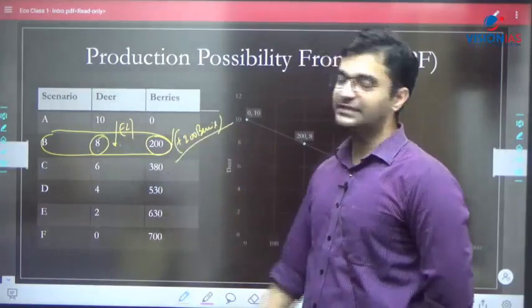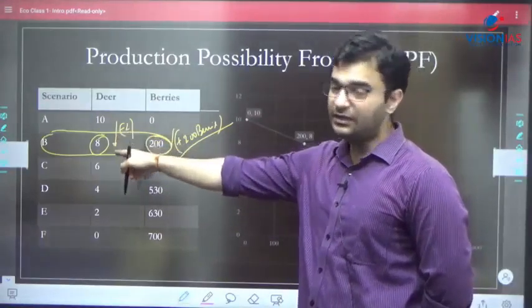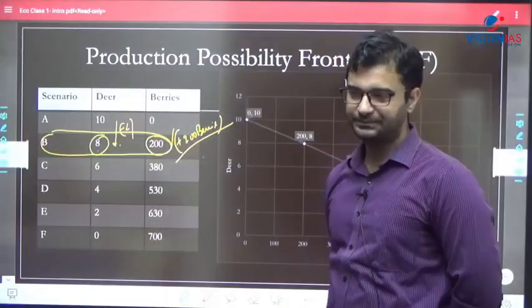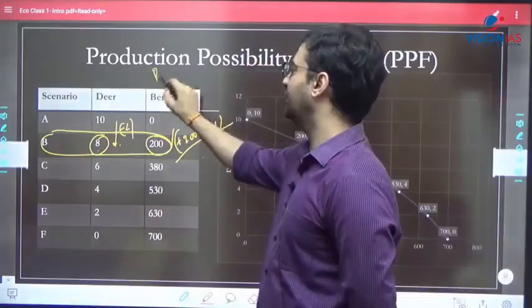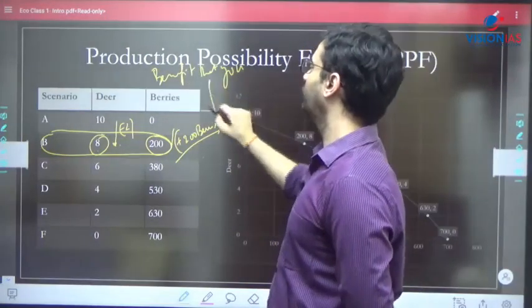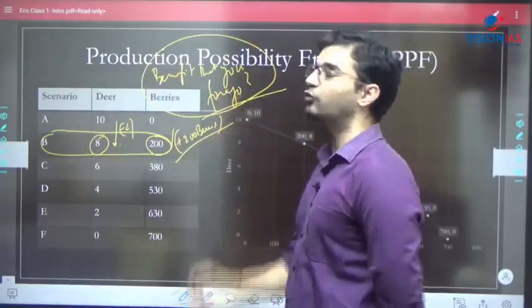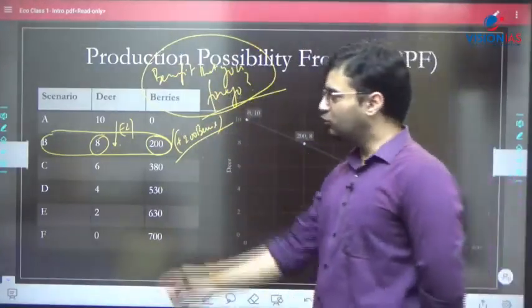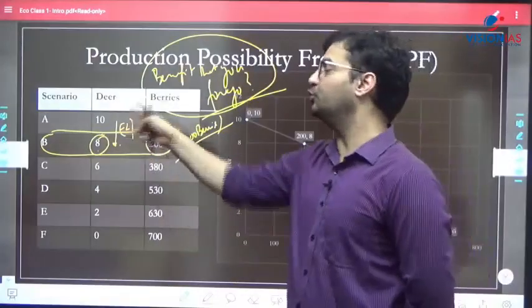You have collected 200 berries more as compared to scenario A, at the cost of not hunting 2 deer. Therefore, what is the benefit that you forego? When you go from scenario A to scenario B, you forego 2 deer.